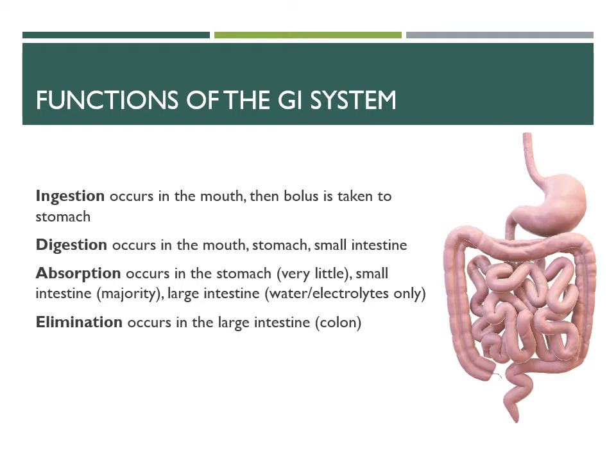The whole goal is I want these nutrients that I'm putting in my mouth. Okay, so ingestion occurs in the mouth. The food is taken to the stomach. There is a bit of digestion in the stomach with pepsin that breaks down the proteins a bit.